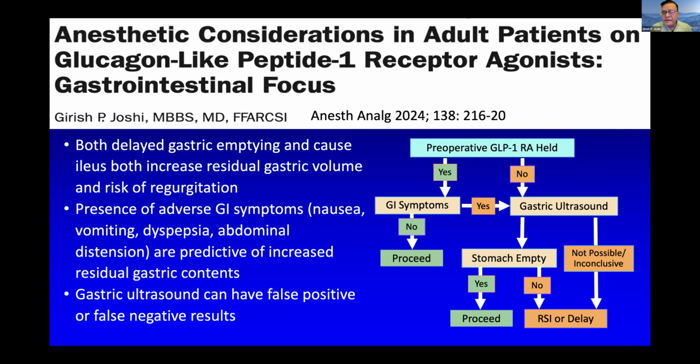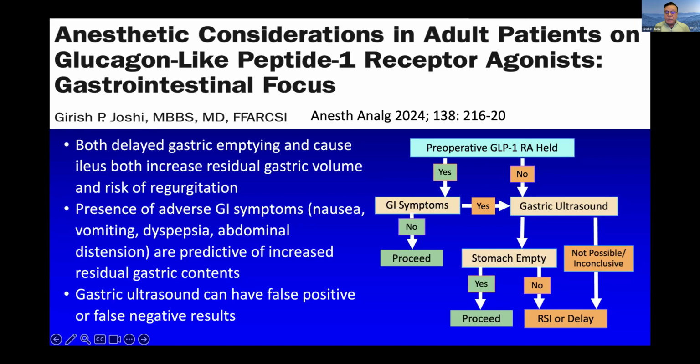Nevertheless, this is the algorithm which I've developed: if the patients held their drug as recommended by the ASA, and they have no gastric symptoms, then if they have not held the drugs, then do an ultrasound. If they have held the drugs and they have no gastric symptoms, one can proceed.